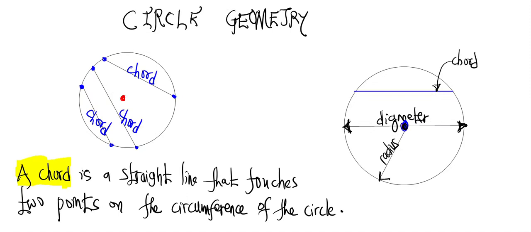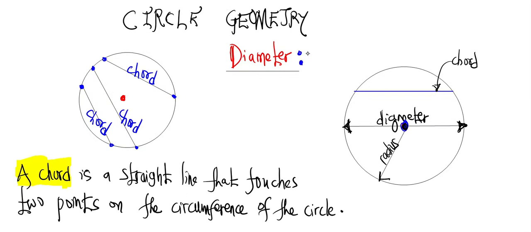So a diameter is basically a chord that passes through the center of the circle. So the moment the chord passes through the center of the circle, it becomes a diameter.